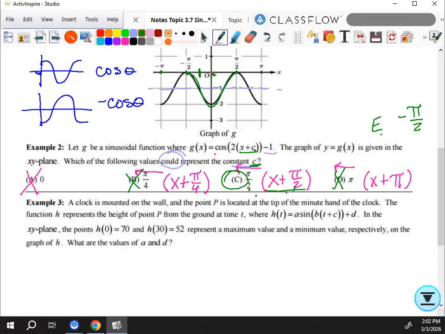There can't be more than one right answer. Because if this keeps going and I'm up here, I could have moved to the left pi halves, to the right pi halves, or to the right 3 pi halves. I could do a whole lot of things and it would look the same. Does that answer your question? Is that what you're asking? Good question. Anything else? All right, good job.